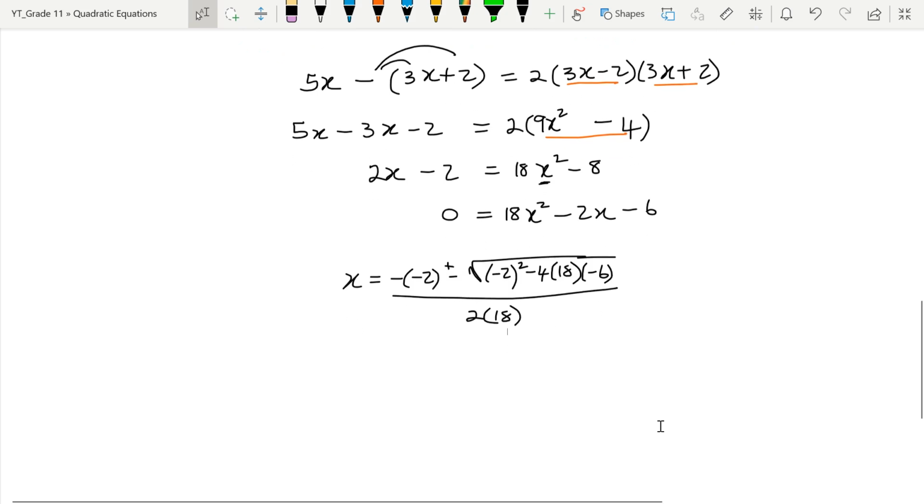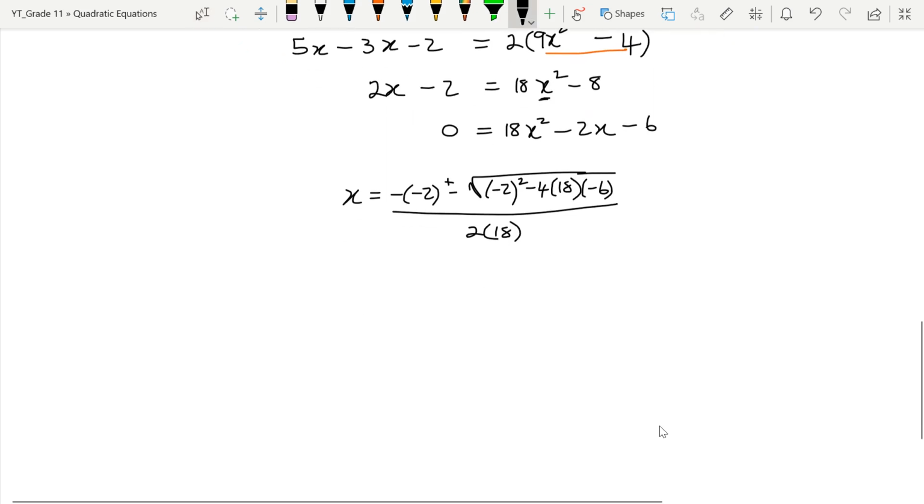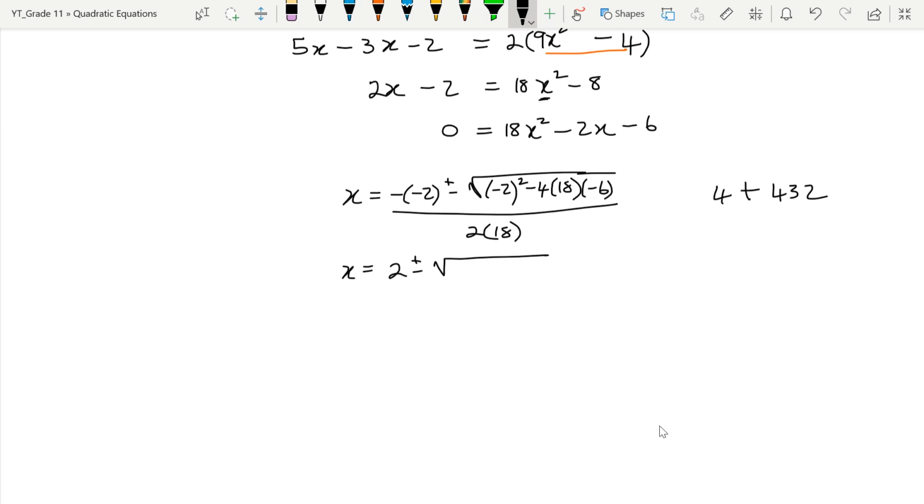I feel like my handwriting just went from bad to worse in this video. So there we're going to land up with a positive 2. What are we going to have underneath the square root? Well, that will give us positive 4. And if we multiply that out, it will give us a positive 432.